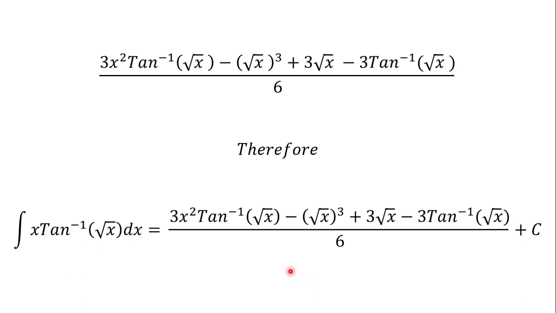In our next video, why don't we try differentiating the whole of this to find out if we can get this one back? Would it be possible? Well, in our next video, we will be differentiating the whole of this answer just to find out if we can get this one back. It won't be all that easy, but well, we are going to try. There's no harm in trying.